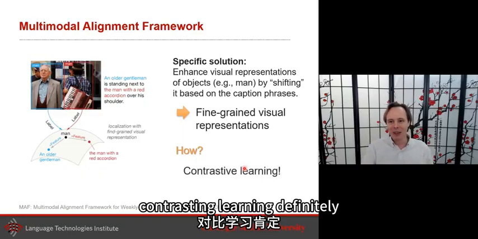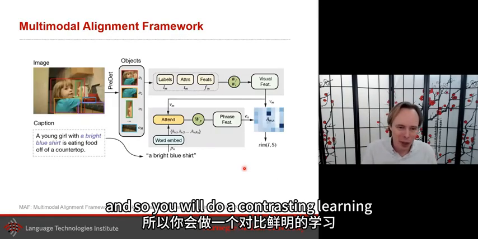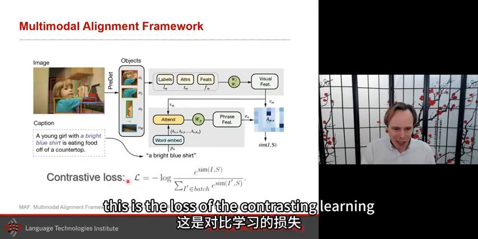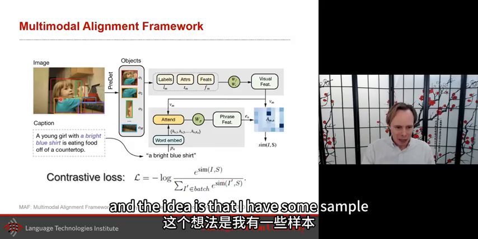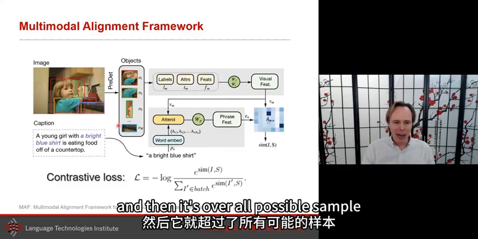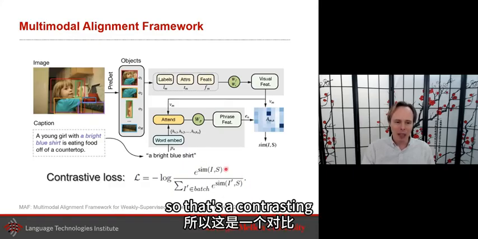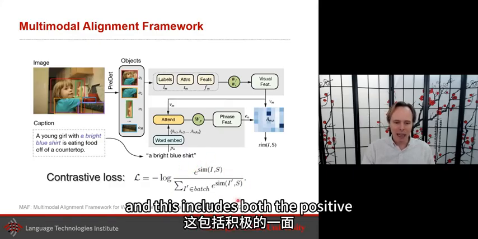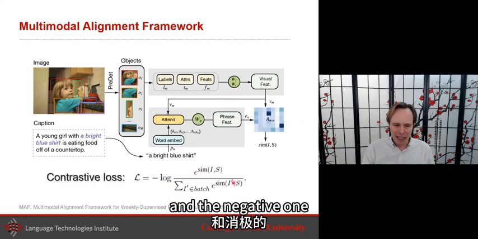Contrastive learning, definitely. This is the loss of the contrastive learning. The idea is that I have some samples that are positive, and then it's over all possible samples. That's contrastive, and this includes both the positive and the negative ones.